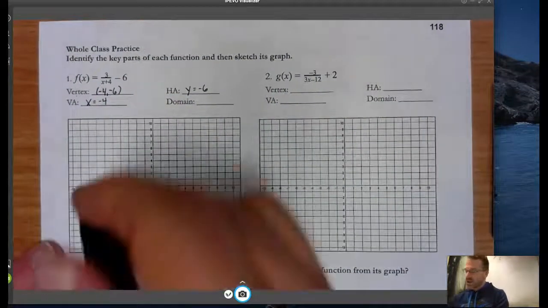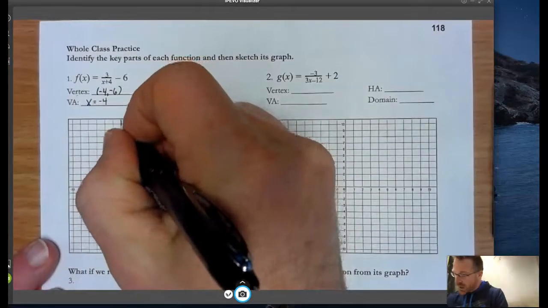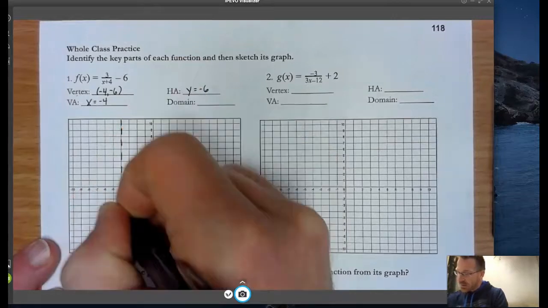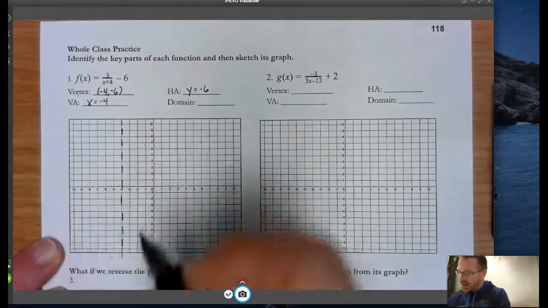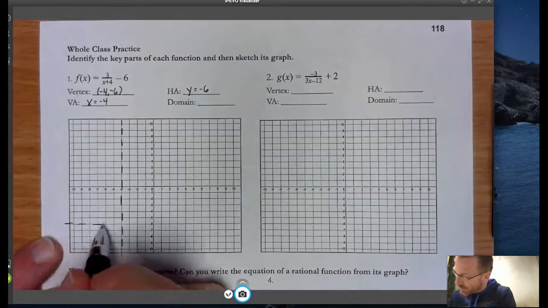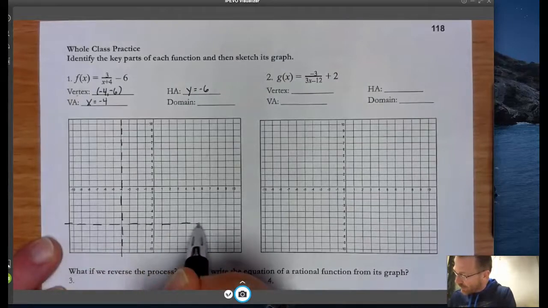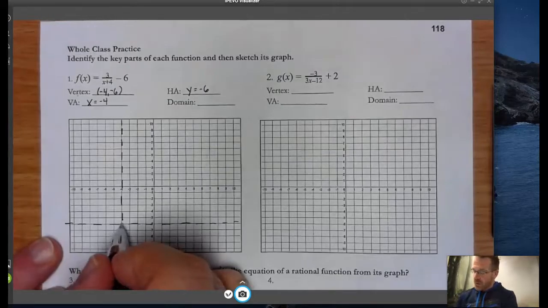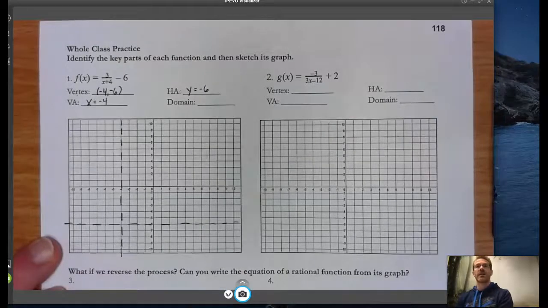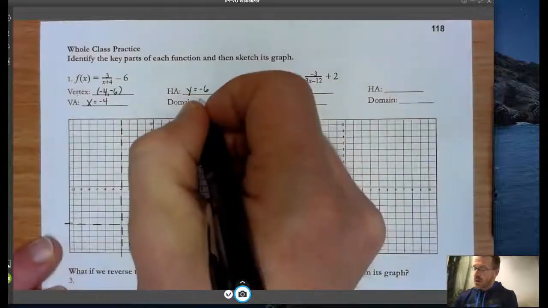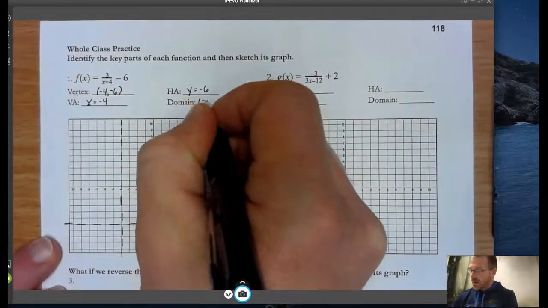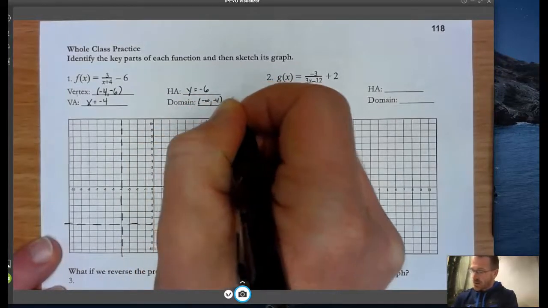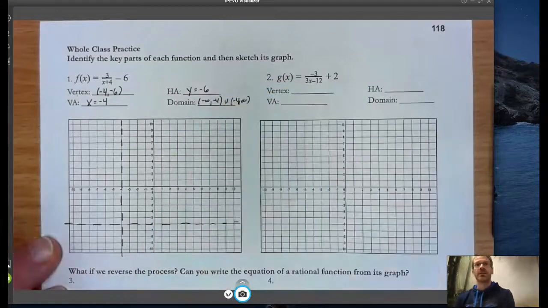If I just sketch those in, you will see that we get that new center, just like this. So there's our new center, our new origin, which is -4, -6. Now, the domain would be -infinity to -4 union -4 to infinity.